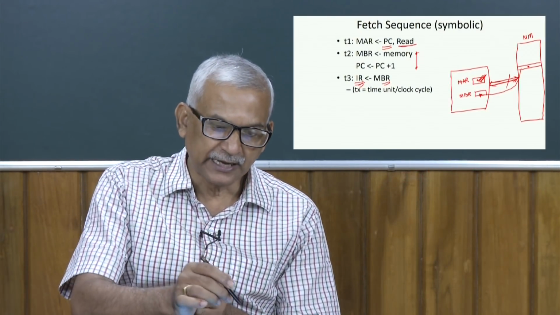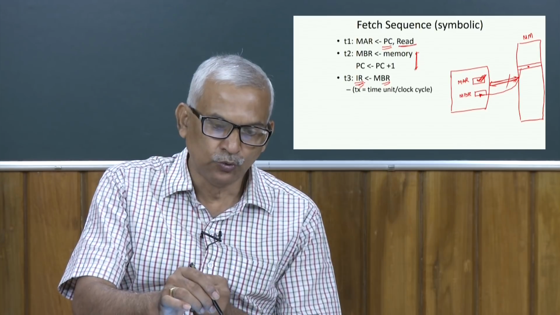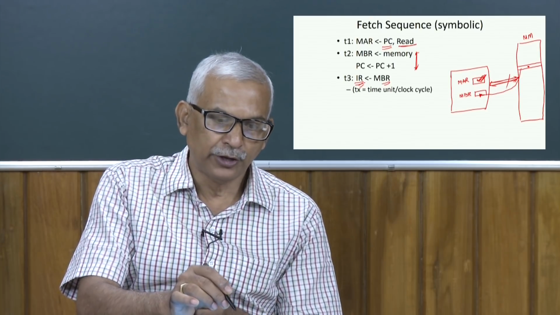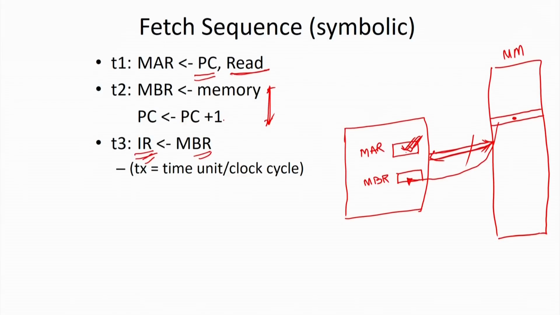Now, again see in the second step we are performing 2 operations: memory to MBR, and PC plus 1, updating the program counter value. Now, why is it possible? Basically, I just want to mention it. This processor, the CPU, is an electronic device, and the memory unit is also a semiconductor device.